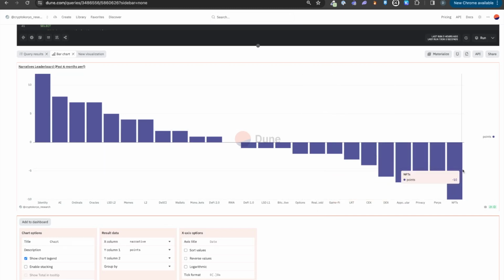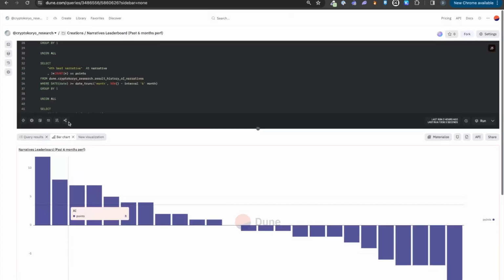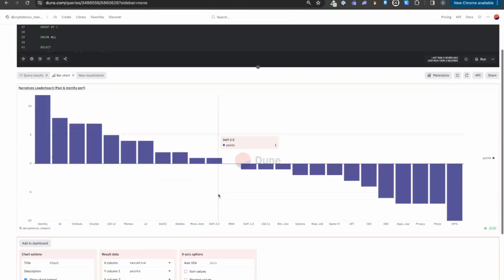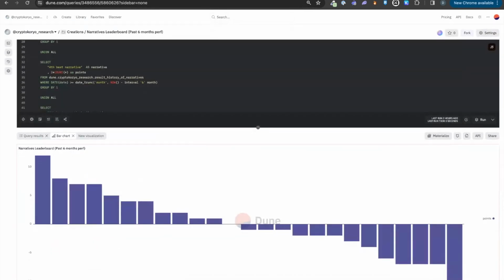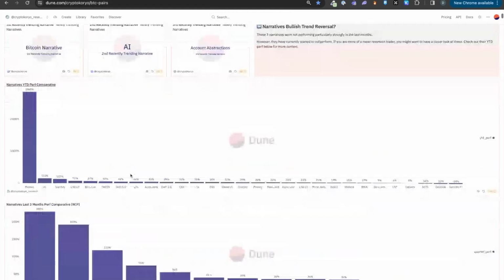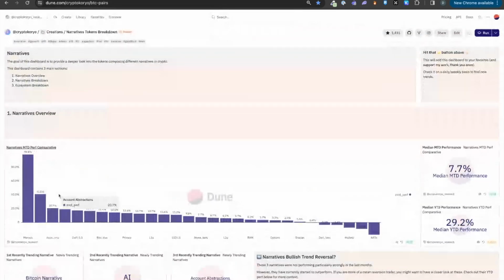The Bitcoin narrative is promising, and here is where I have most of my focus, in this top 5 or 6. And this is of course changing every month depending on the performance and on what's going on, as you can see from this chart and from the history of narratives.